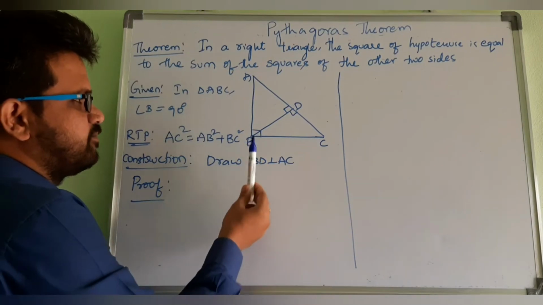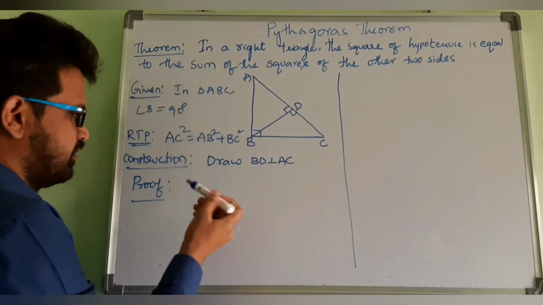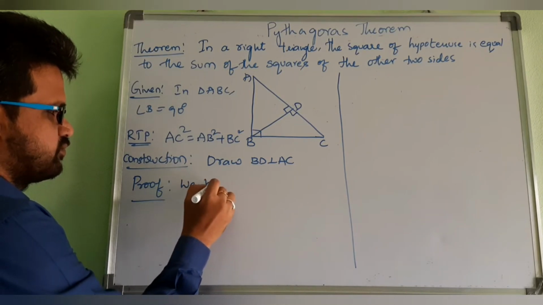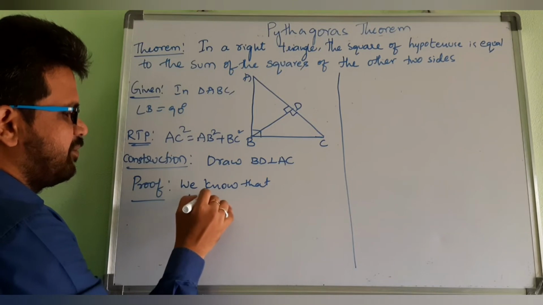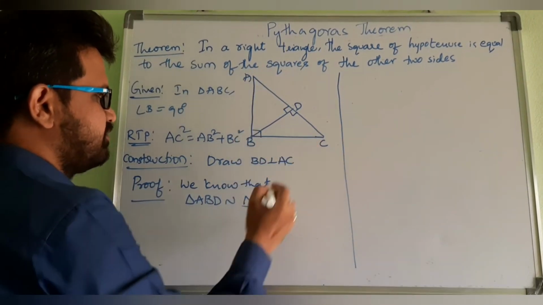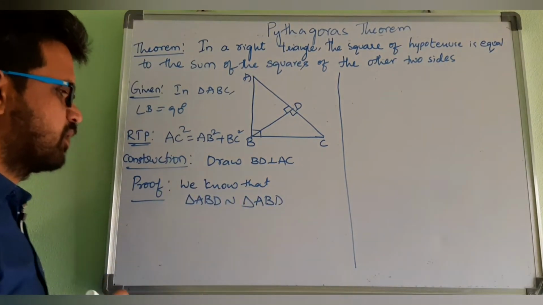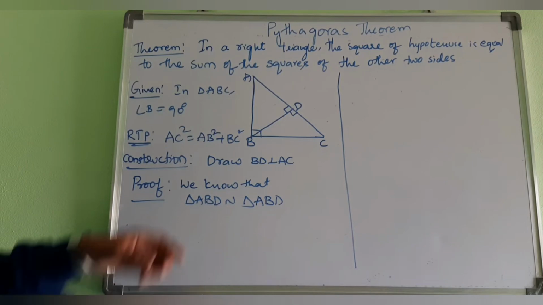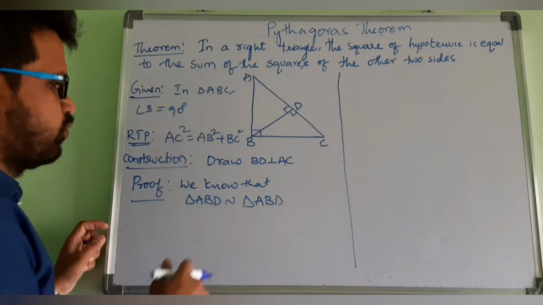How to find AB square? We know that triangle ABD is similar to triangle ABC. Yes or no? Previously we proved that.